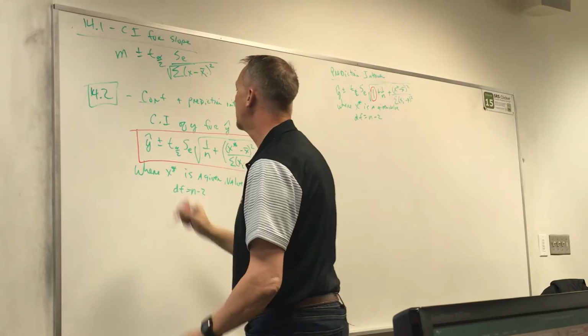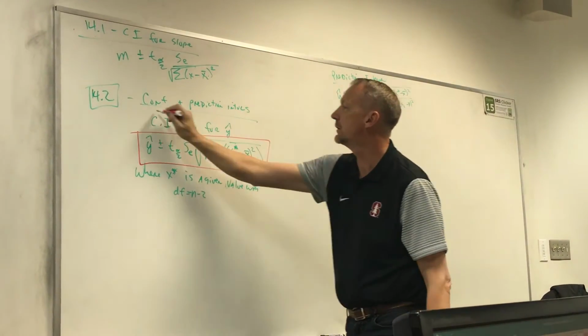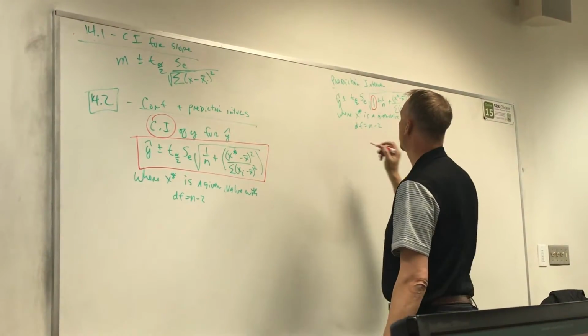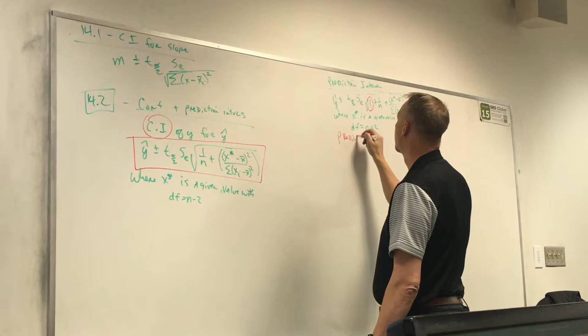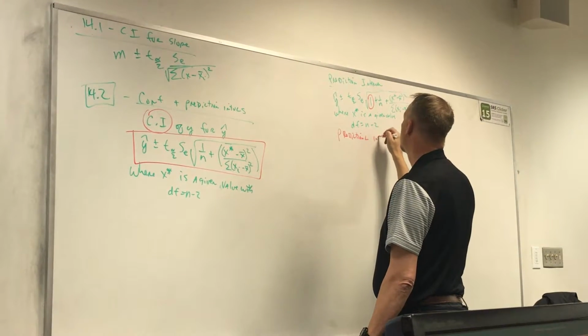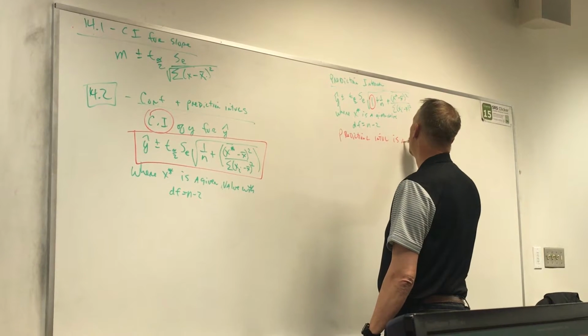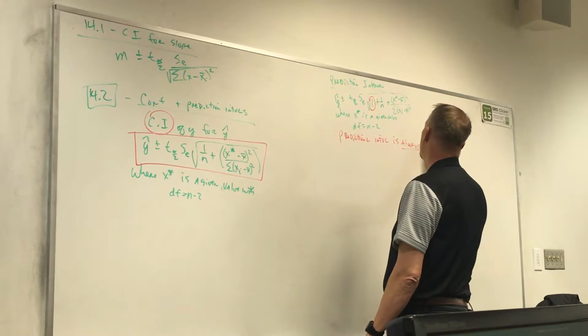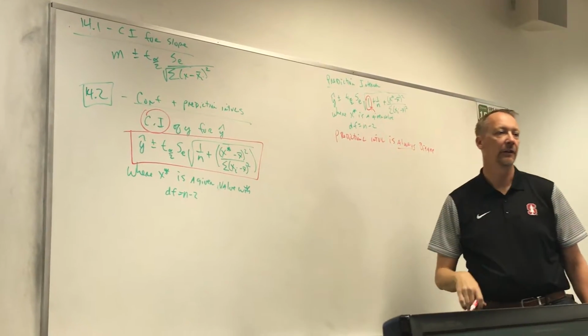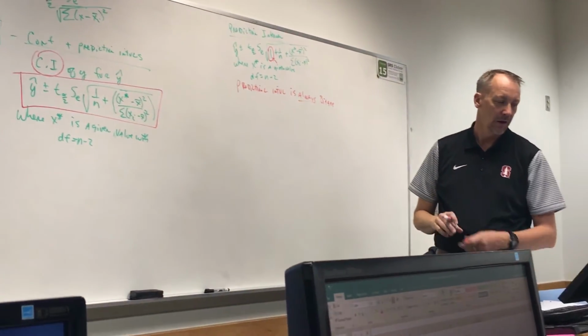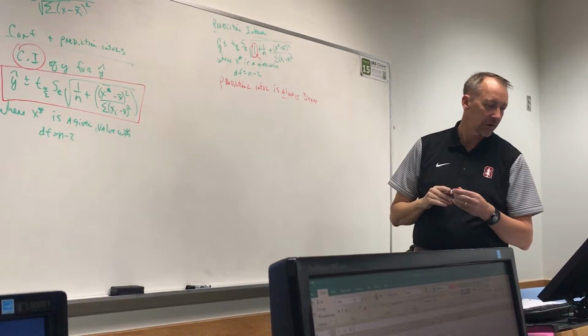We're going to talk a little bit about the confidence interval versus the prediction interval. The prediction interval is always bigger, and the reason why it's always bigger is because we have to put a 1 in there.